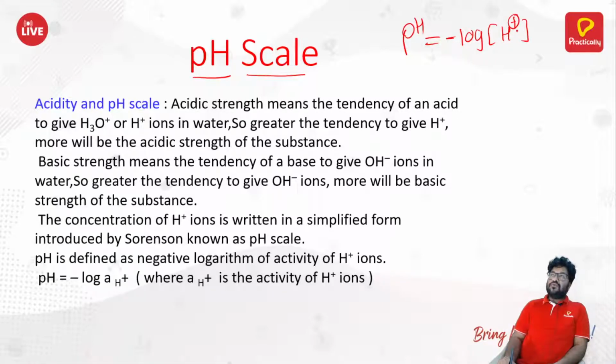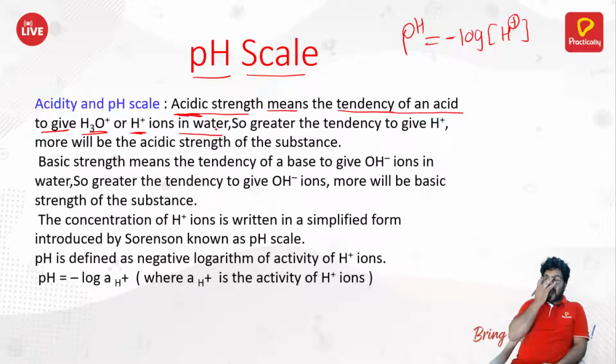Now you might see a little change in the terminology of that H plus ion concentration, but I will tell you what it is. So first understand what is meant by acidity. Acidic strength means the tendency of an acid to give H3O plus or H plus ions in water.